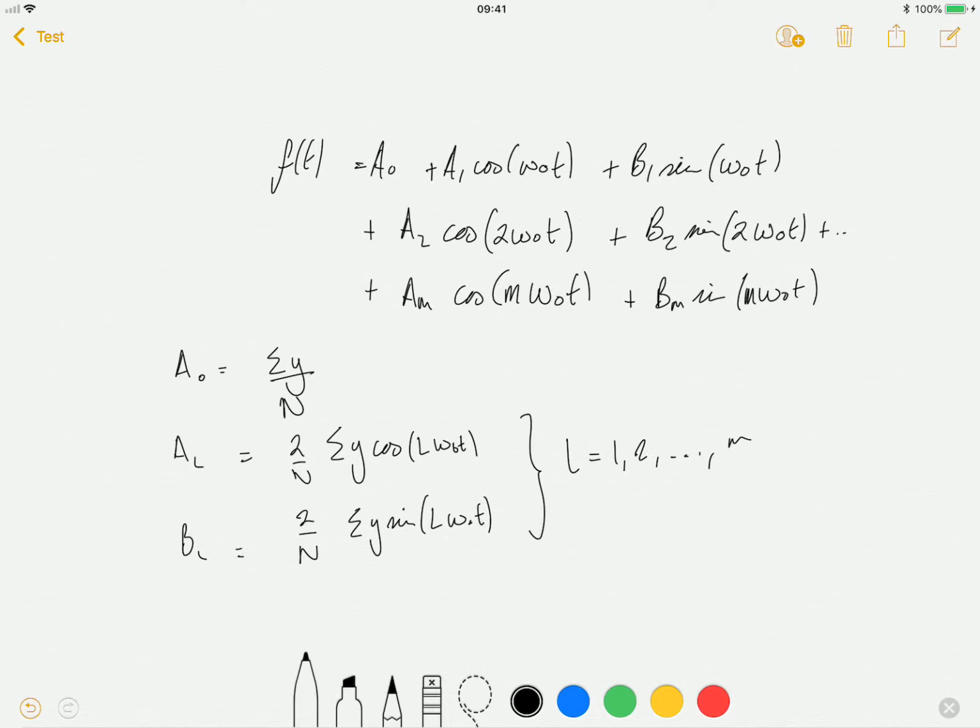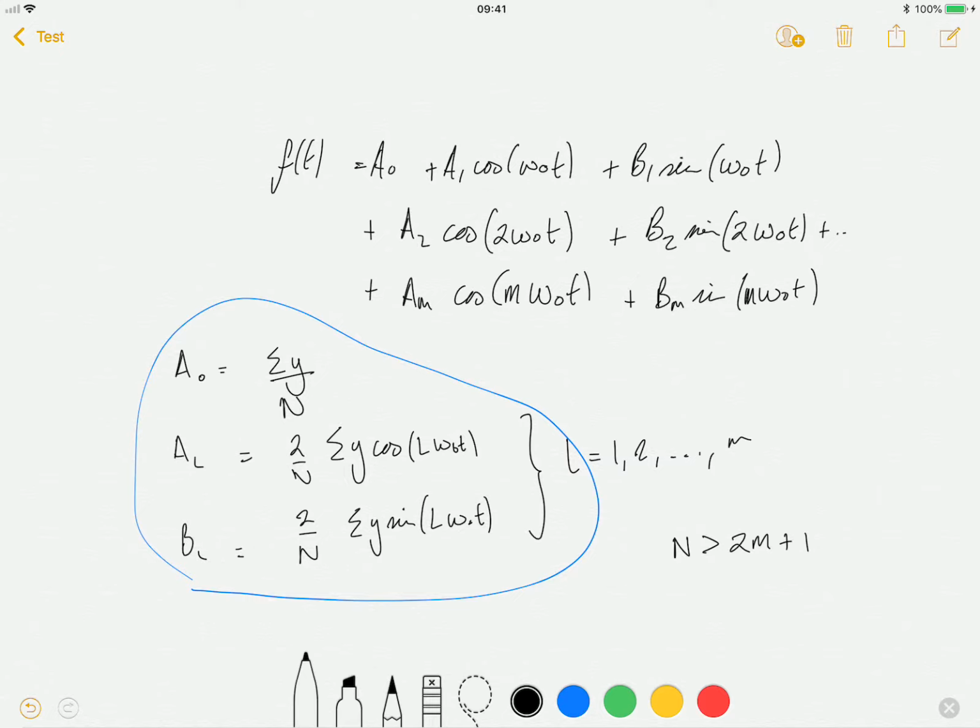So we can use this to fit data in the usual regression sense, where we have the number of data points greater than the condition 2m plus 1.